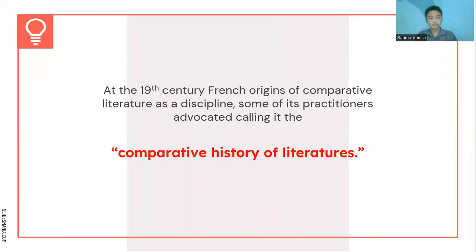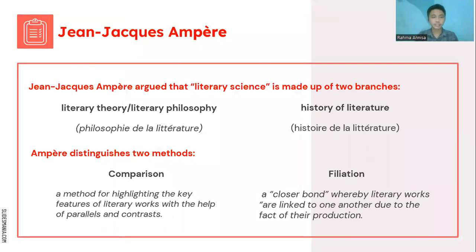In the 19th century, French origins of comparative literature as a discipline, some of its practitioners advocated calling it the comparative history of literatures. And here is Jean-Jacques Ampère. He argued that literary science is made up of two branches: literary theory or literary philosophy, which nowadays we call literary theory, and history of literature.